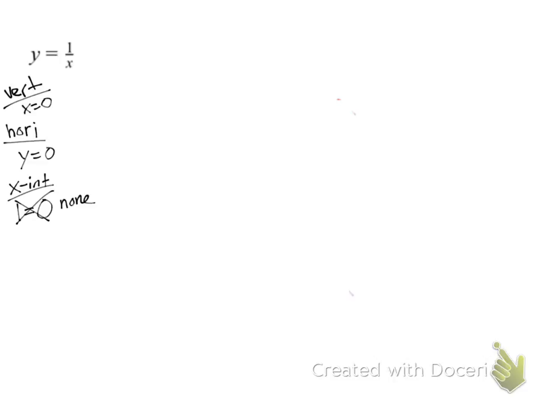So let's check that y-intercept out just to make sure that's true. It says plug 0 in, yes? So y equals 1 over 0, and I can't do that. So therefore, none. At this point, you've gathered all of the information before setting up your t-charts.